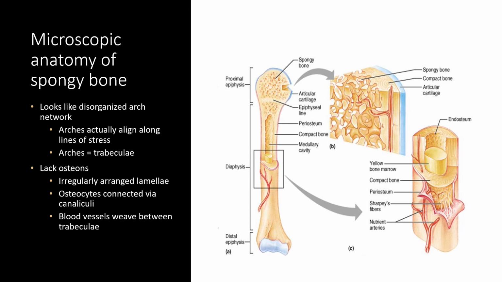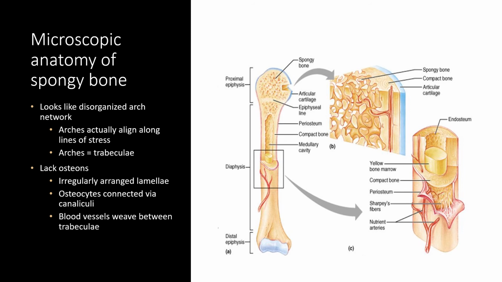So your body is going to build up your bone tissue along the path that stress takes. That includes in spongy bone. So those arches overwhelmingly are going to align along those stress levels. Arches individually are called trabeculi.